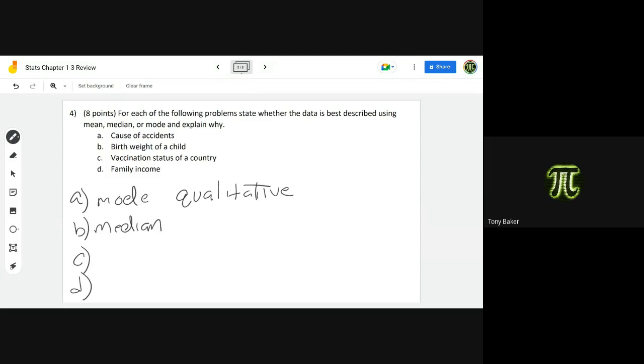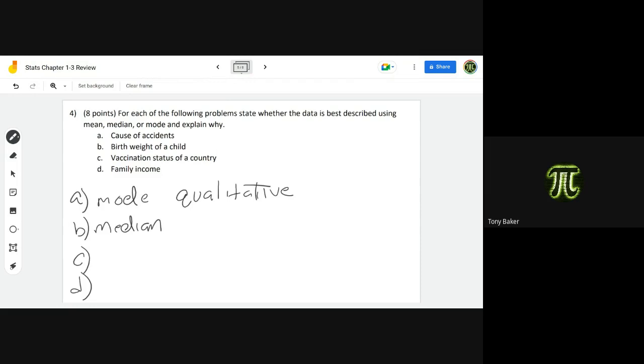It is numerical, right? Because it's going to be a percent. Depending on how you look at it, that percent's really an actual representation of yes or no. So depending on how you want to describe it, it could go either direction.